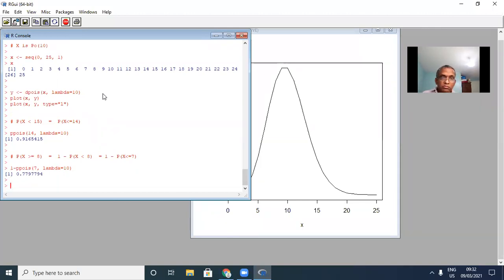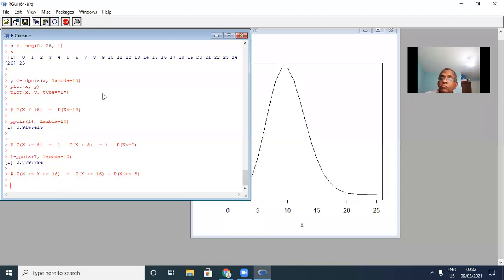Next, we want to find the probability that x is between 6 and 16, right? This you can write as the difference between the probability that x is less than or equal to 16 and the probability that x is less than or equal to 5, right?